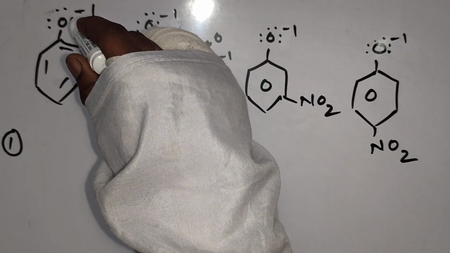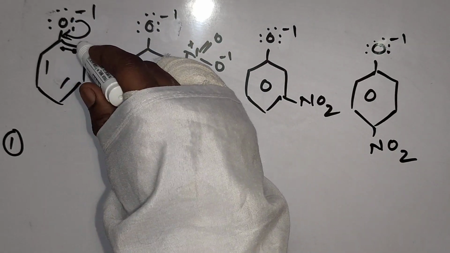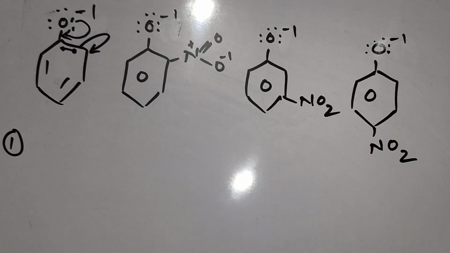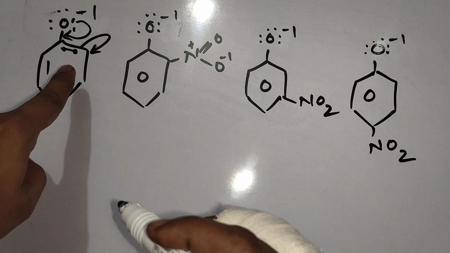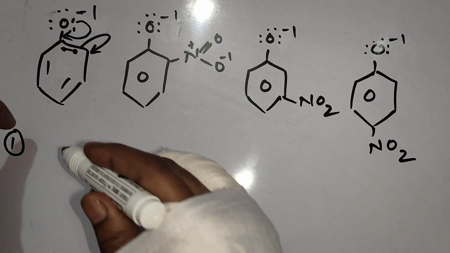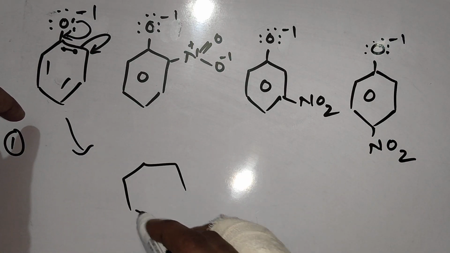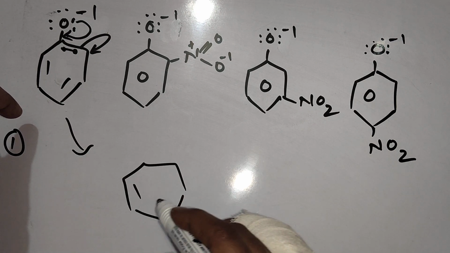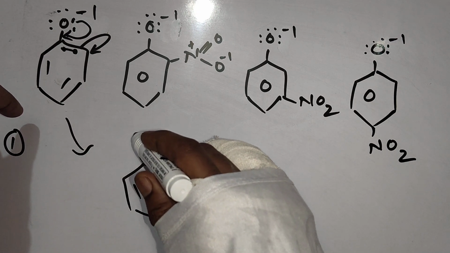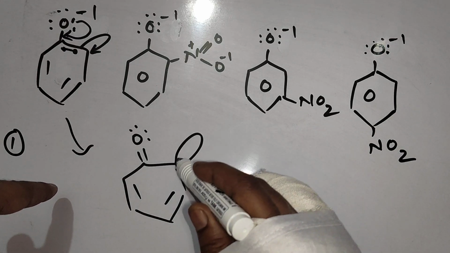First factor is normal resonance. The whole resonating structures I will not draw. I will just draw which I need. Already I have discussed these structures with you, so please make by yourself. I will just write factors here.